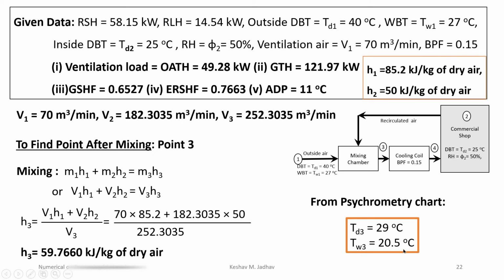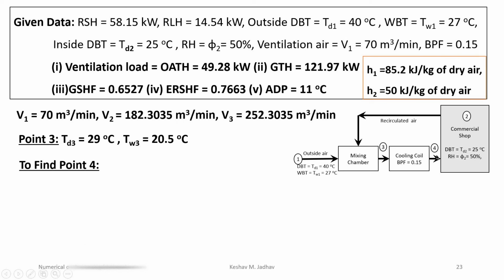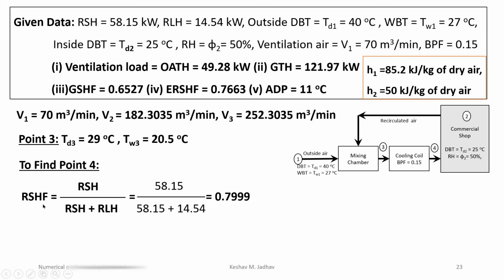Now we will locate point 4 on the psychrometric chart. Point 4 is the point after passing the supply air over the cooling coil. So we have to calculate the value of the room sensible heat factor, which is equal to room sensible heat divided by room sensible heat plus room latent heat.